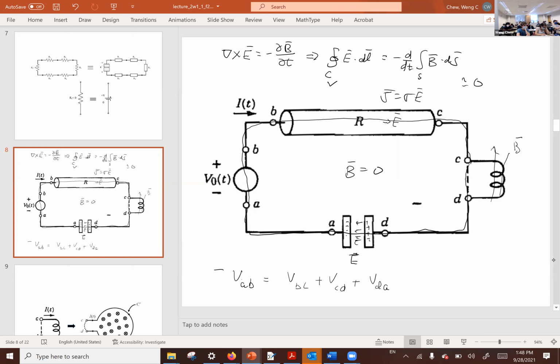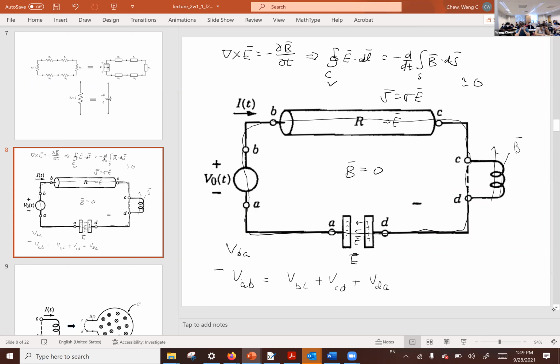I would have this result. The sum of the total voltage is still 0, and the voltage of the source will be equal if you flip the sign around, because VAB is VBA flipped. The voltage at the source is equal to the sum of the voltage drops by the others. So this is what we learned in undergraduate circuit theory.